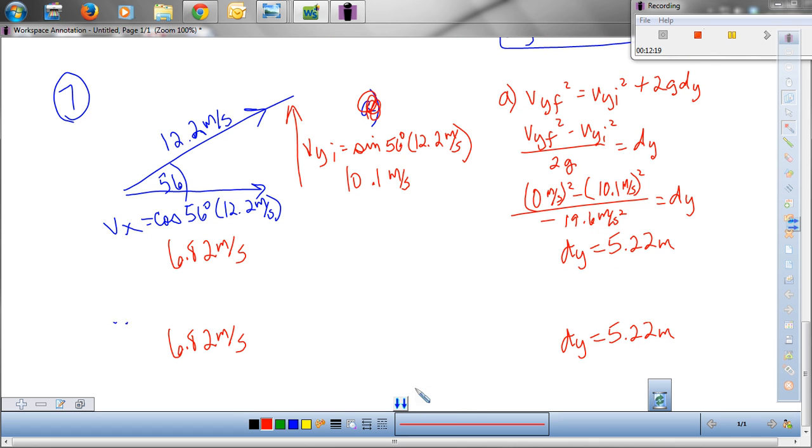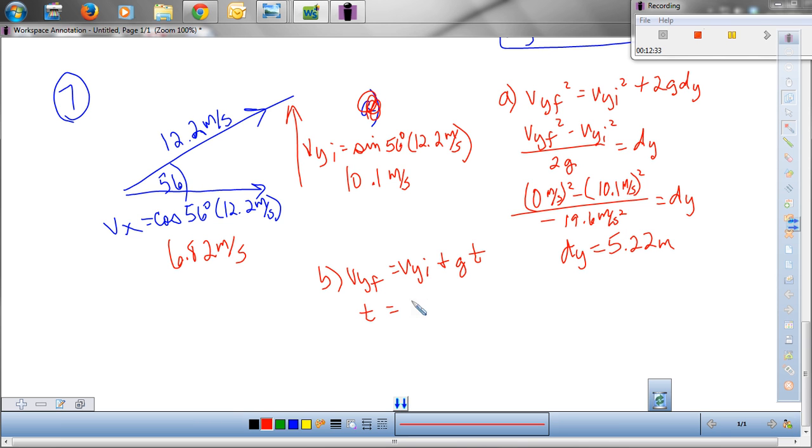Alright, then it wants to know how long is it in the air, I think. Yeah. So I'm going to say that Vyf equals Vyi plus gt. Gravity is going to be 9.8 negative, so t equals Vyf minus Vyi over g. So that's 0 minus 10.1 over negative 9.8.